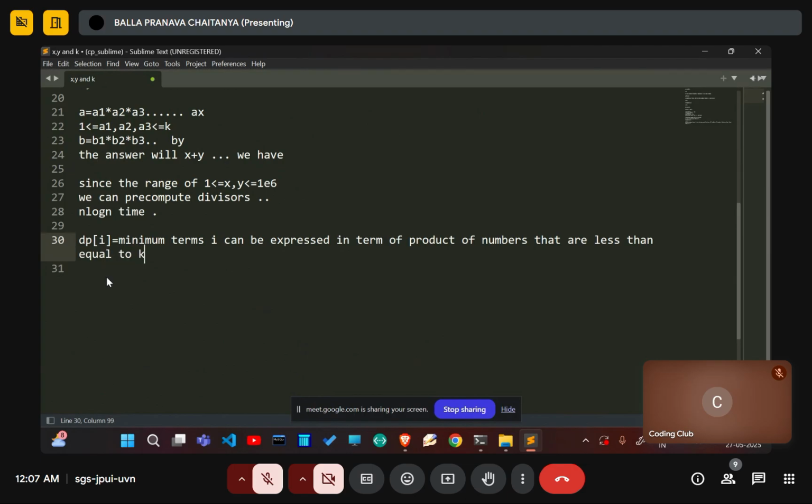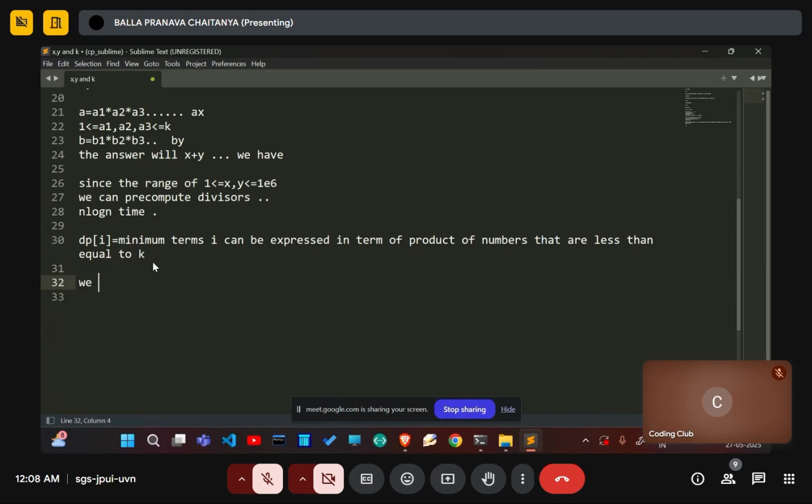This is our dynamic programming state. So minimum terms i can be expressed in terms of a product of numbers that are less than or equal to k.